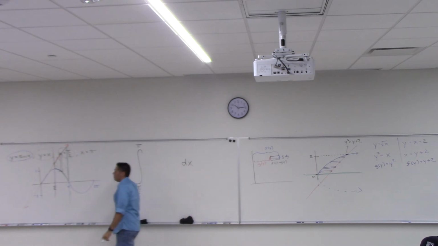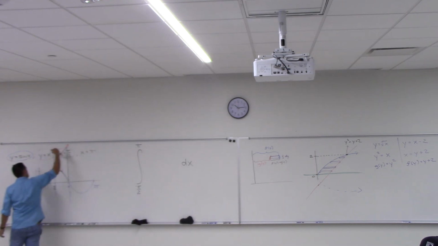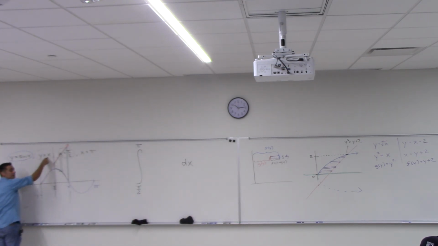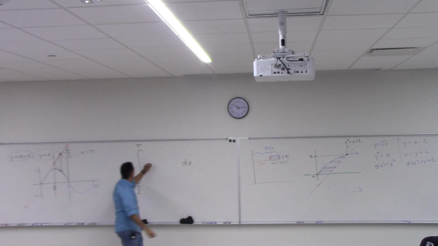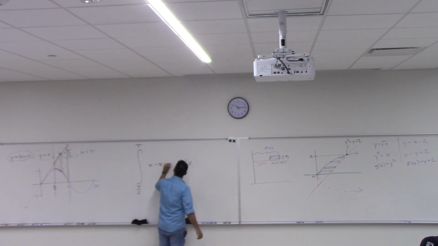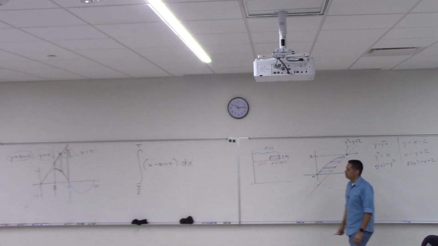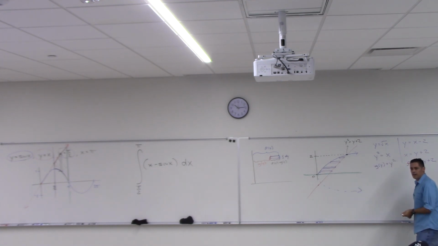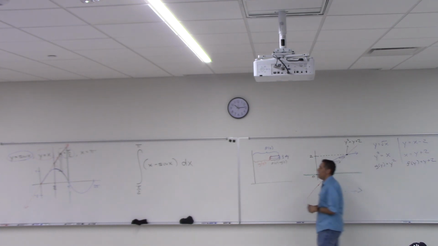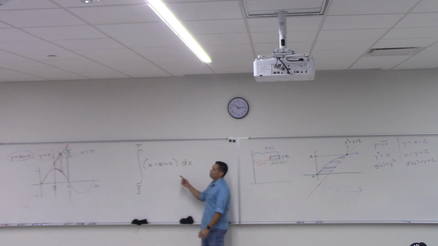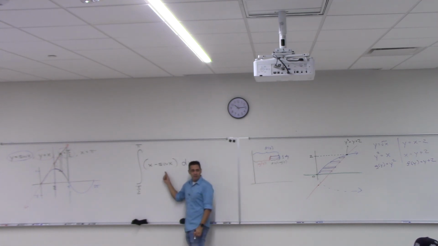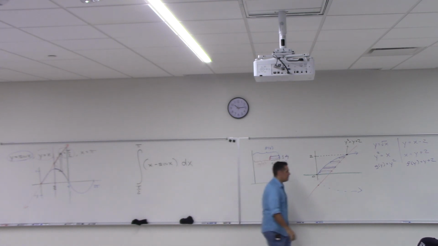What's your top function? X, and then you're going to subtract the bottom function, sine x. So there's just x minus sine x. There it is. That's the setup of the integral. Could you find the antiderivative of that? Yeah. 1/2 x squared plus cosine x, evaluated from pi over 2 to pi, right? Okay, so you got it from there. Dot, dot, dot.